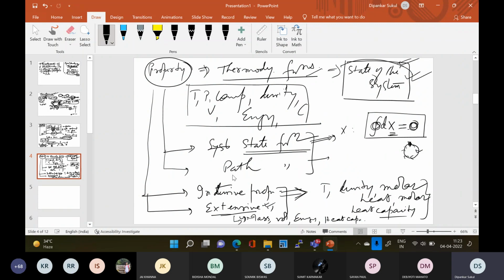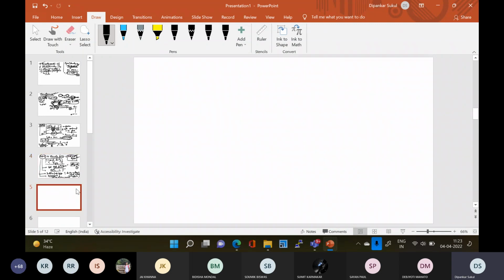But path function is slightly different. Suppose I have taken some amount of water here. Here temperature is T1. That means it is under state 1. Now I want to increase the temperature of the system to T2, where T2 is greater than T1.